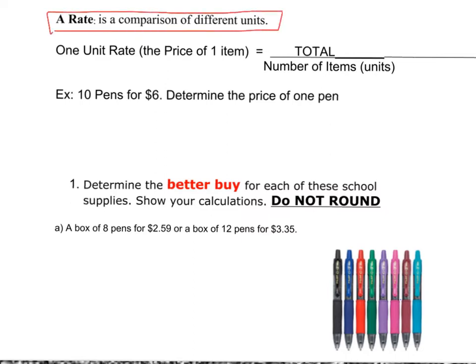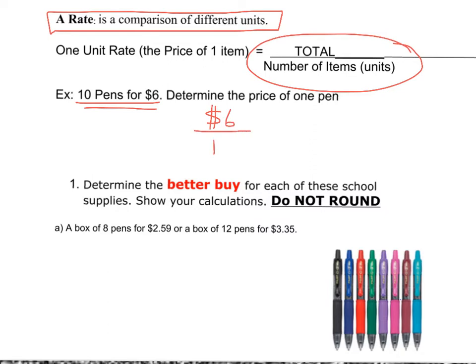So a rate. A unit rate is the price of one item. What is the price of one item? So for example, how about if you sell 10 pens for $6? Determine the price of one pen. Well, this is why we have this formula up here. The total price is $6, and we are going to divide this by 10 pens.